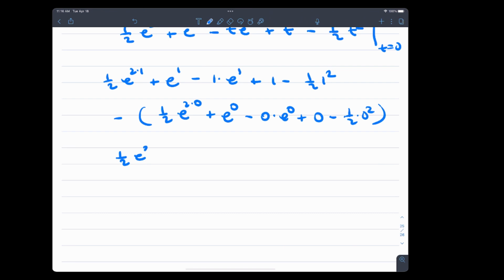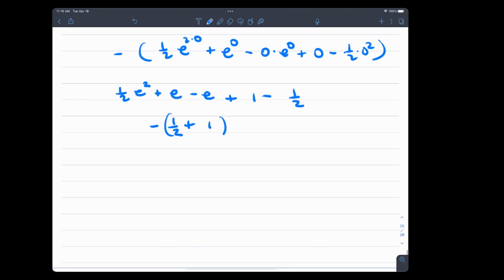1 half e squared plus e minus e plus 1 minus 1 half minus what? I think that's minus a 1 half. Is that right? Let's double check. Minus 1 half e to the 0 is 1 plus another one e to the 0.